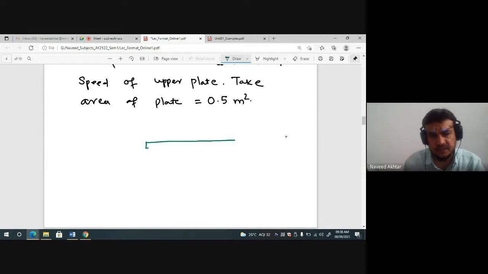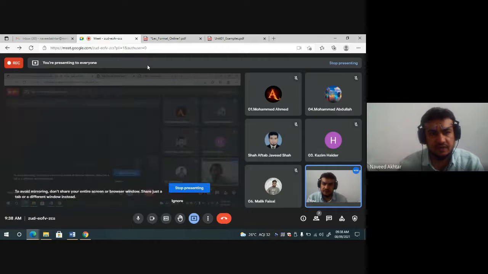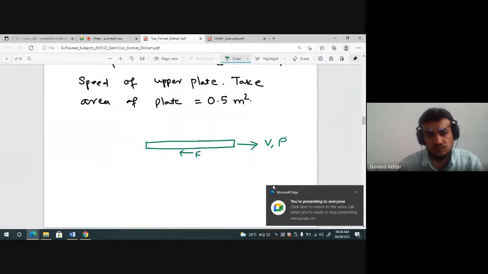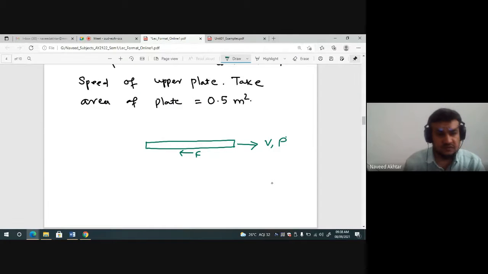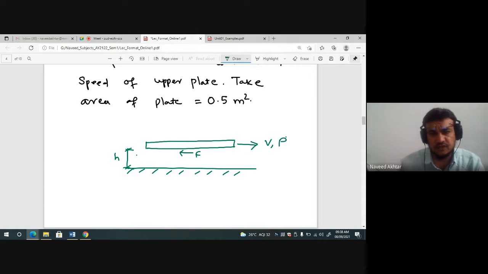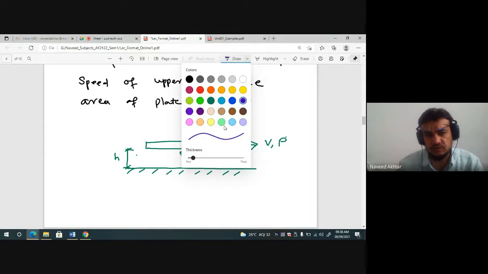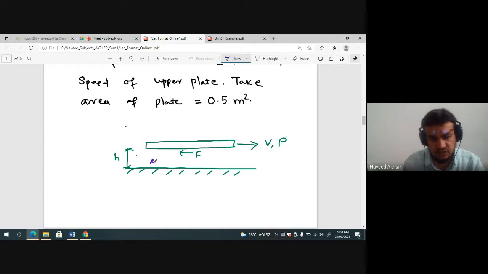So we will draw this. I will draw the upper plate. This is the plate, moving toward the right with the velocity and the power, and this is the force F. It is at a distance H apart, and the viscosity, write down the mu, is the viscosity of the fluid.